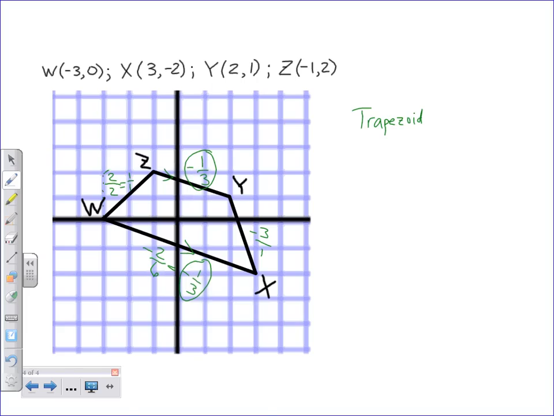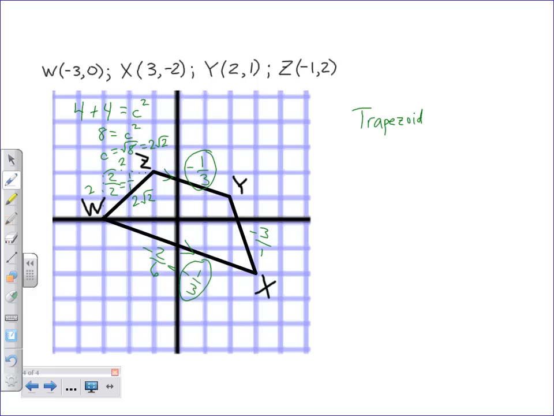This one then would be 2 legs of 2 and 2, which would give us 2 squared plus 2 squared equals c squared. 2 squared is 4, another 2 squared is 4. That equals c squared. So 8 equals c squared. c equals the square root of 8, which would simplify to 2 square root 2.